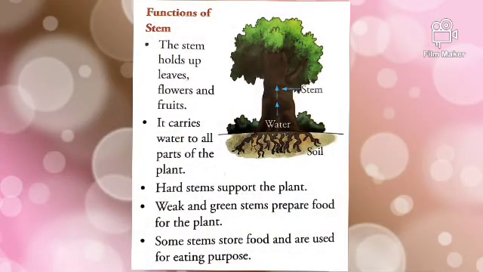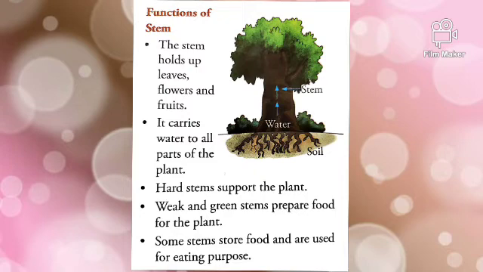Let us now look at the different functions of the stem. The first function of the stem is that it holds up leaves, flowers and fruits. The second function is that it carries water to all parts of the plant.